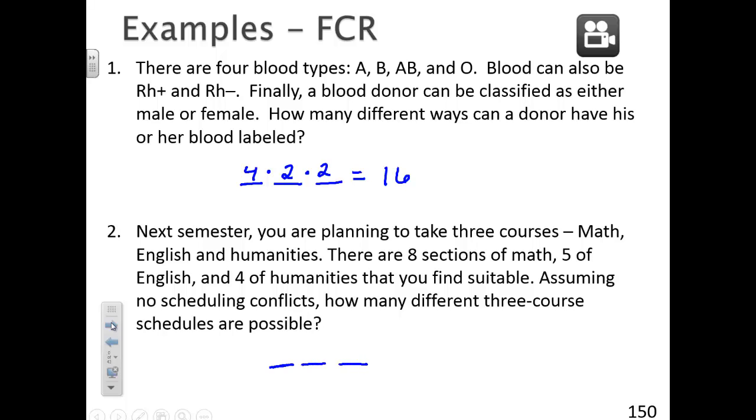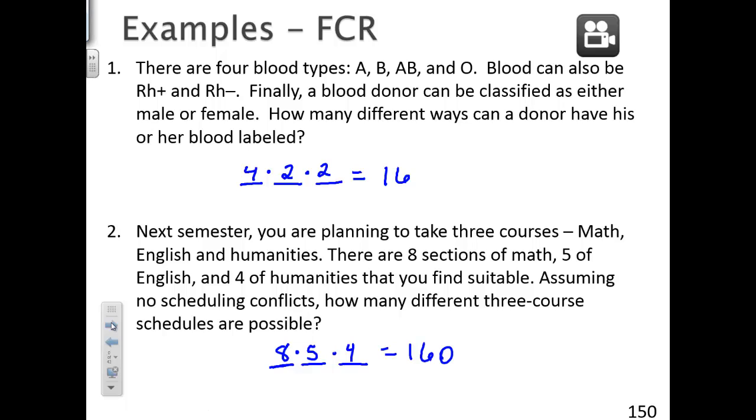We can assume no scheduling conflicts. So we have 8 sections of Math to choose from, 5 of English, 4 of Humanities. Multiply those together. 8 times 5 is 40, times 4 is 160. And that's using the fundamental counting rule.